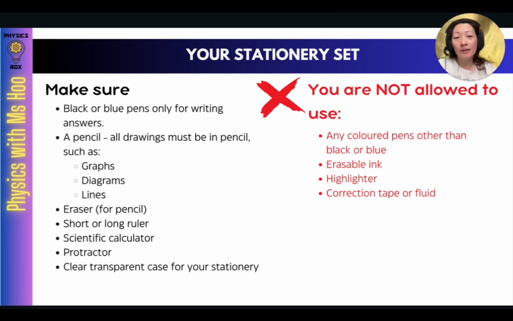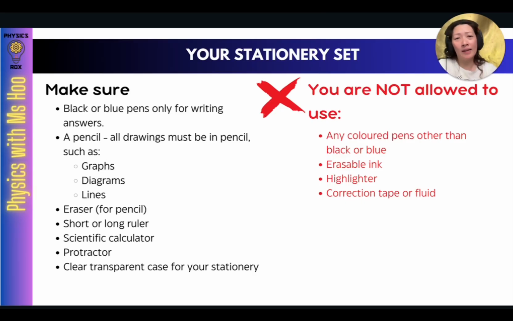Why? Because the problem with erasable ink is not that it's erasable, but rather the ink fades with time. I have seen some papers where students have written the answers with erasable ink, and in less than 1 week the ink had completely faded, so much so that the paper looks completely blank. So if you were to use that kind of ink for your exam paper, you gotta remember that by the time it gets to the examiner, it could be more than 1 week later.